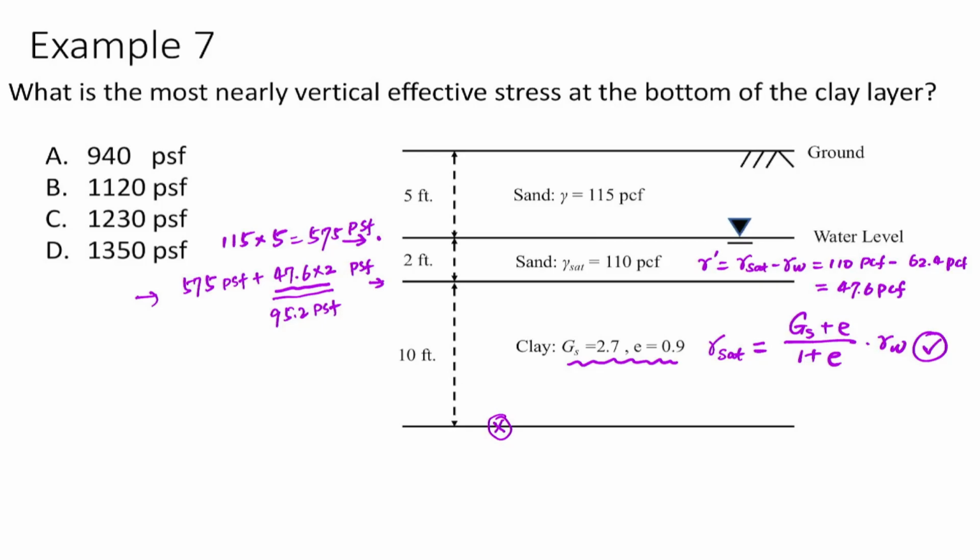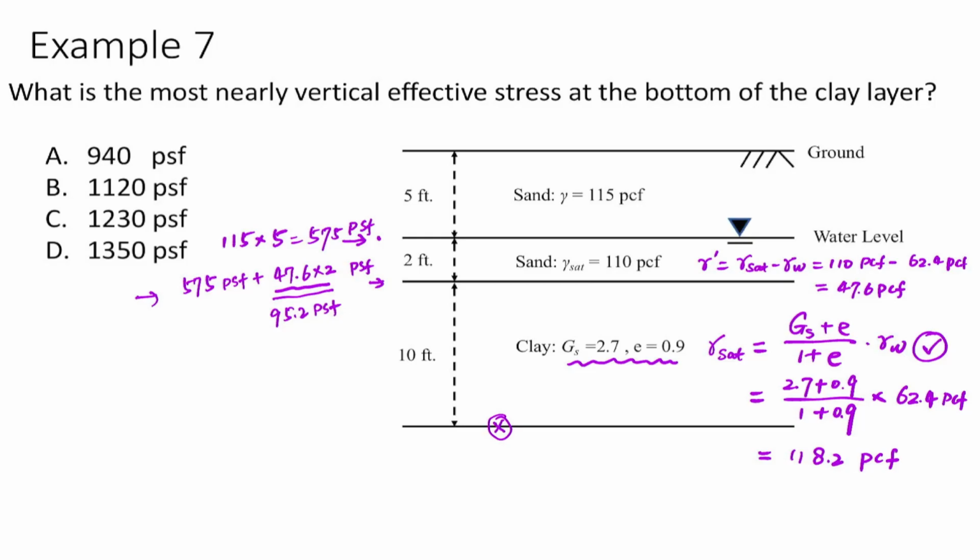So this is basically one extra step to come up with the vertical effective stress. We have the GS 2.7, we have the e of 0.9, gamma water is 62.4 PCF, and the saturated unit weight is 118.2 PCF.